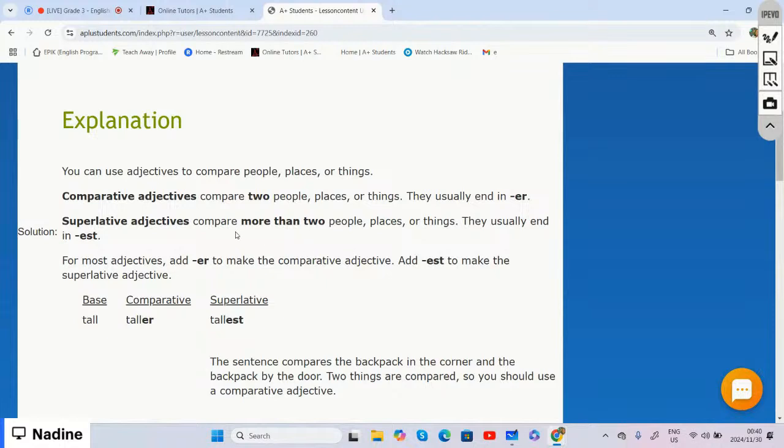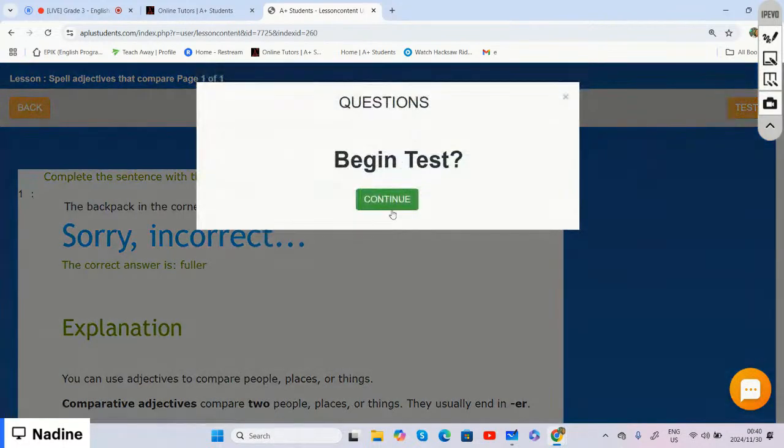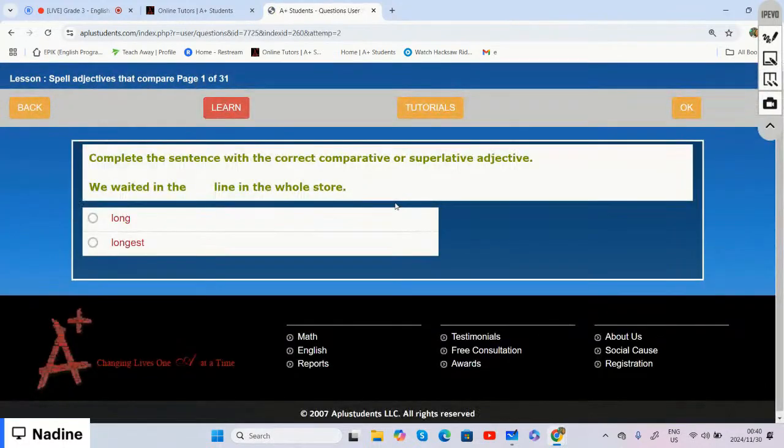And then we have superlative adjectives which compare more than two people, places, or things, and it ends in est. For example, tallest, meanest, smoothest, freshest, smallest, right? All right, so now we're going to our test where we're going to spell adjectives that compare.